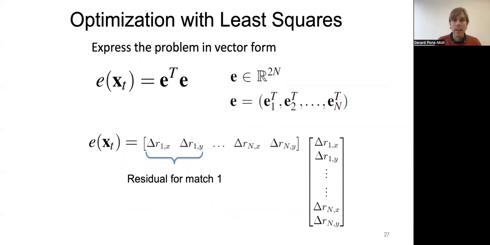So here we have a little bit more detail on what is actually being optimized and how we optimize. You can write this sum of square errors as the dot product of two error vectors, which are of dimension 2n if the features are two-dimensional.